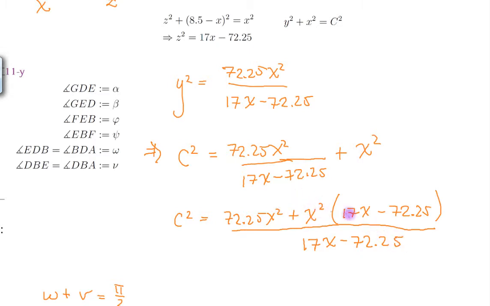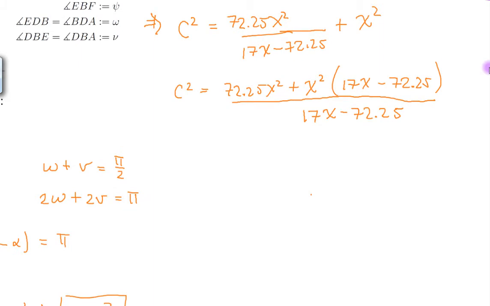Now notice that this x squared with this negative 72.25 will cancel this one. So we're only going to have 17x cubed. So this is equal to 17x cubed divided by 17x minus 72.25. Now this is c squared.